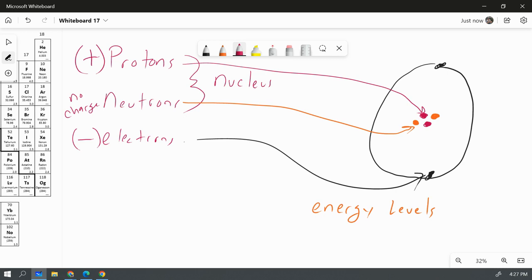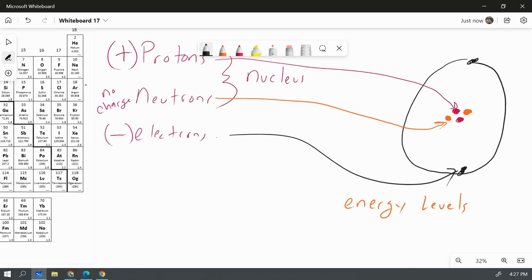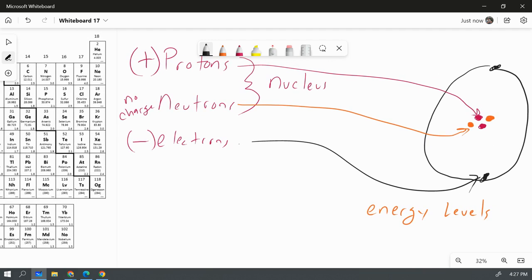But I do want to mention one thing that's really critical for lots of science concepts, and that has to do with charges. Remember that if I have a positive and a negative charge, opposite charges attract each other. Remember that term, like opposites attract. So if I ever have a negative charge and a positive charge close enough to each other, they're going to want to go towards each other.